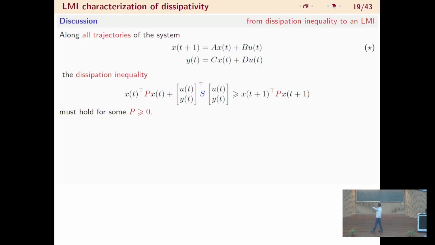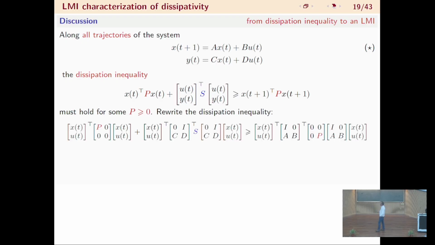But what I know is that x of t plus 1 is given in terms of x and u at time t, and here also y is given in terms of x and u. That I can plug in.